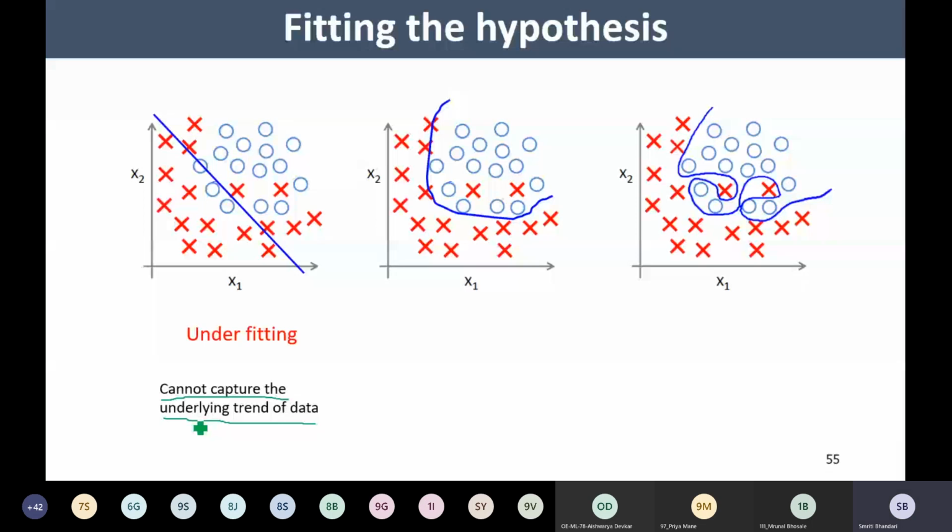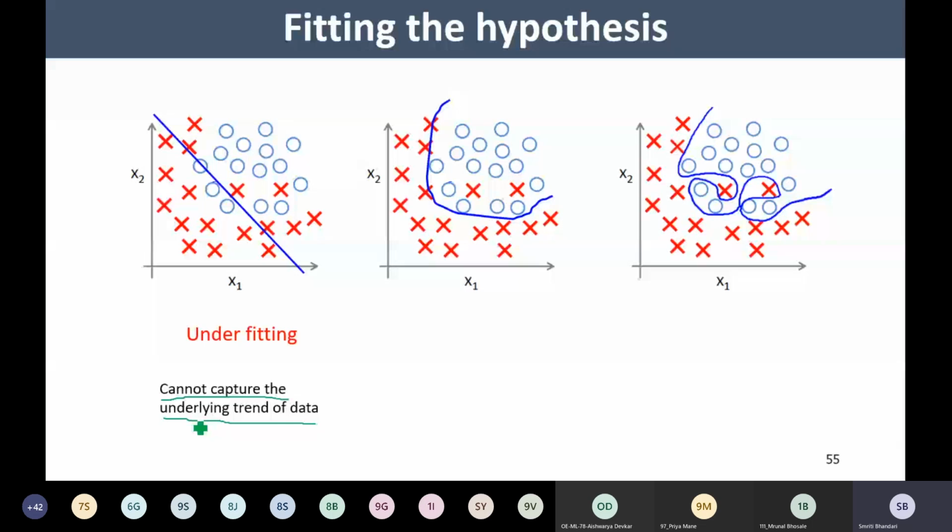Right now we are not going to discuss further how to overcome this problem. I just want to let you know what underfitting is. I'll repeat. Underfitting is considered a problem in machine learning when the algorithm is not able to capture the underlying trend of data, and it reduces the accuracy of my model.